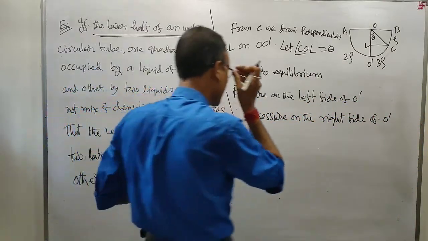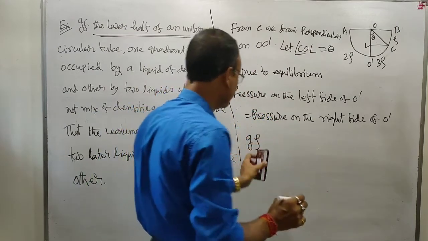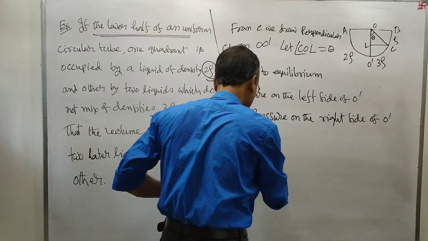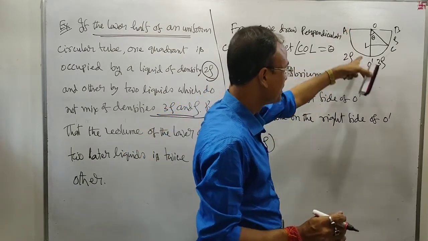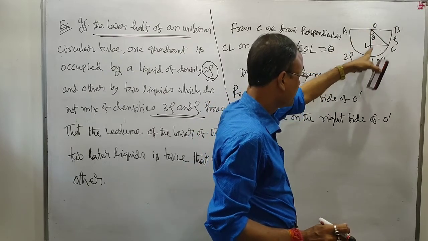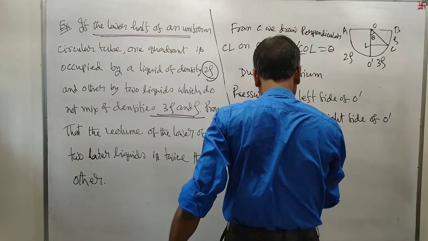On the left side of O dash, it is g twice rho into this distance OO dash.